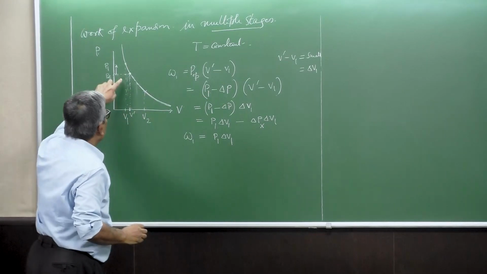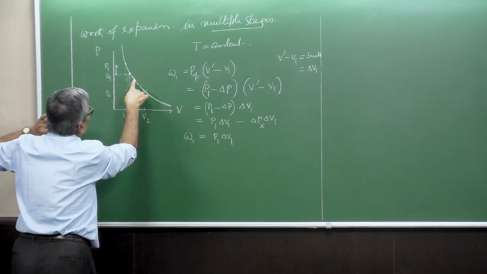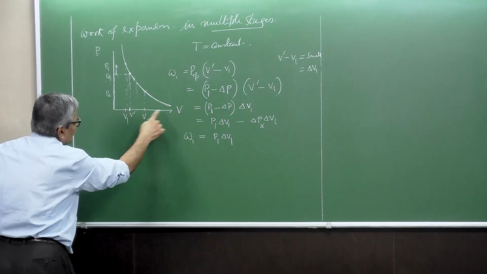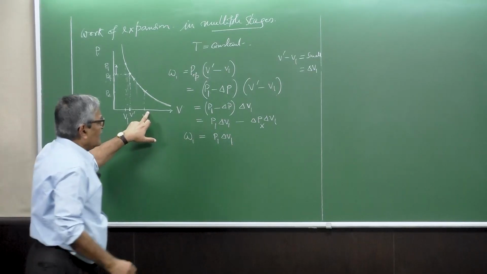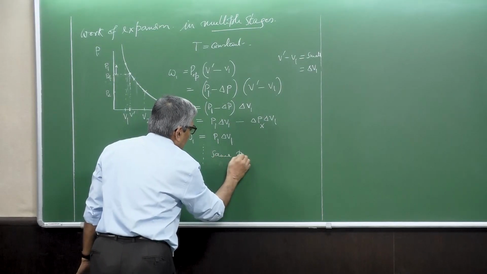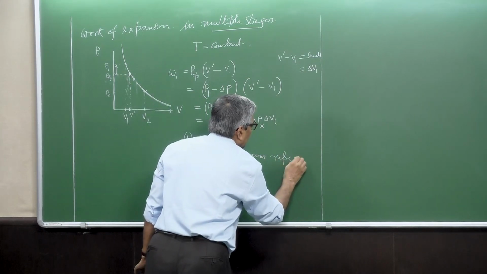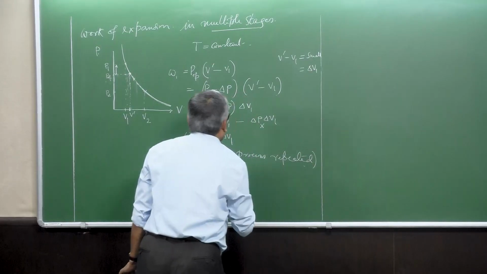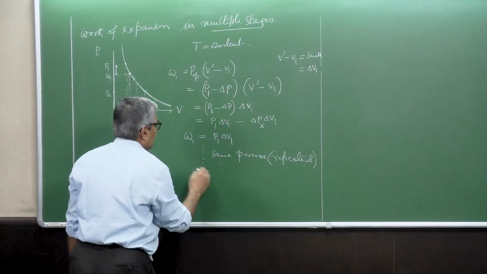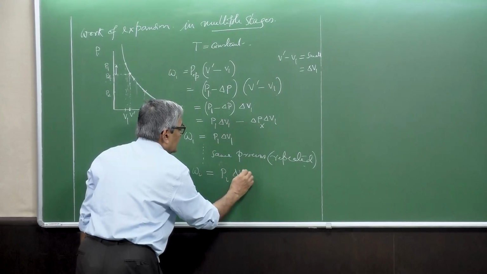So if I carry out exactly the same process for the next stage, say for another P opposing prime, and proceed in exactly the same way up to V2, repeating the same process a number of times, then for each step I call the work Wi, which is Pi times delta Vi.